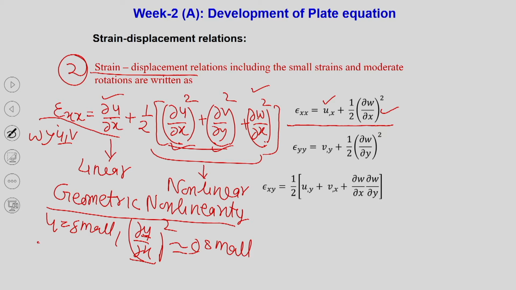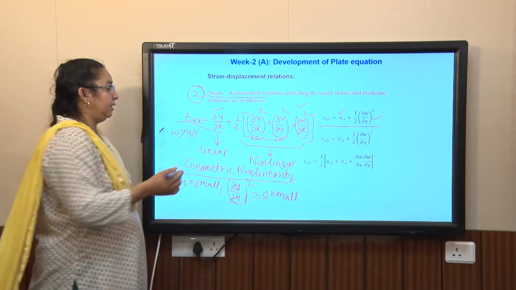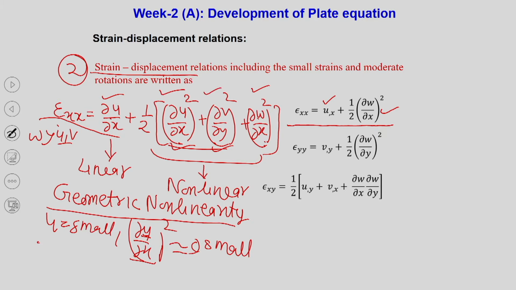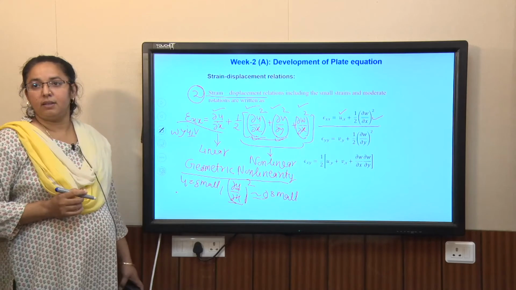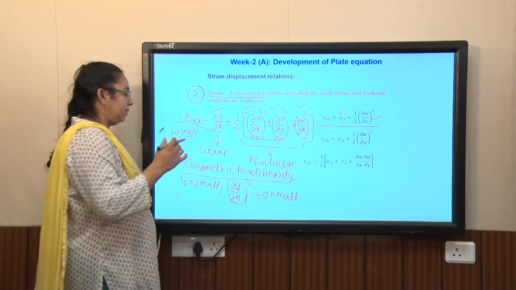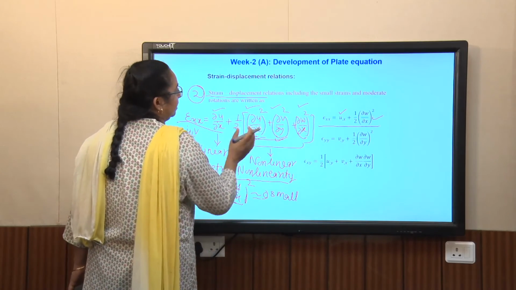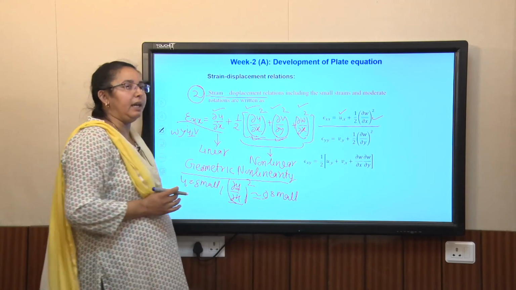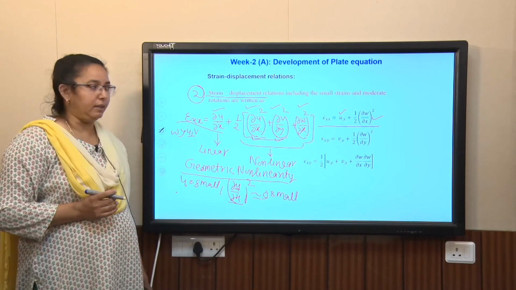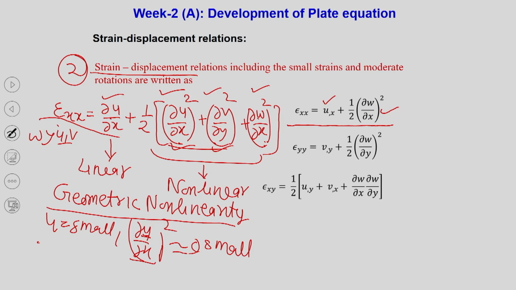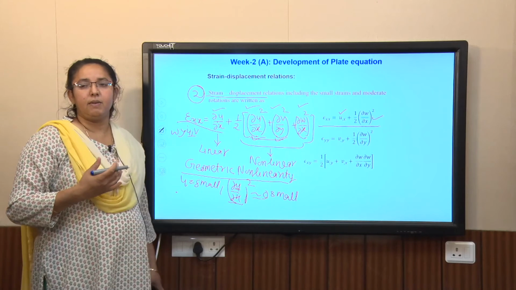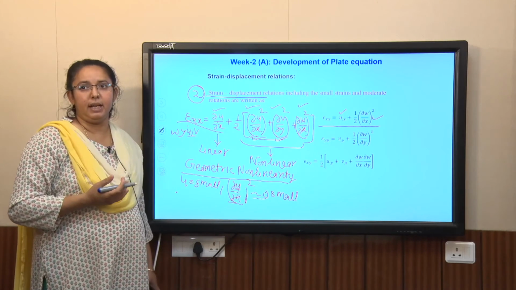If the plate is thick, deformation is large, and rotation is large, then you have to consider all the terms. As per your requirement, you have to choose what to consider. Initially von Karman considered this, because in olden days there were no very big computing facilities.